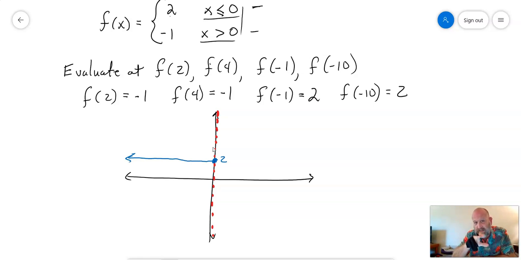Now, when x is greater than 0, that does not include the y-axis because that's where x is equal to 0. So it's equal to -1 all the way this way. And we want to indicate that it does not include the point here at 0. So what we do is we put an open circle there.